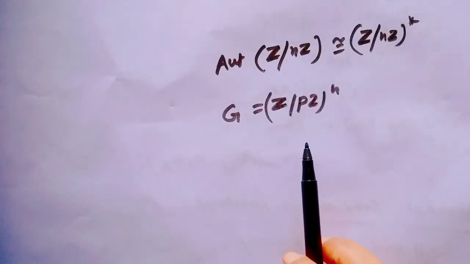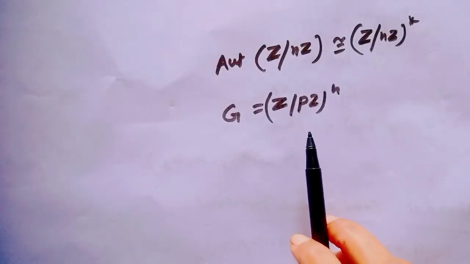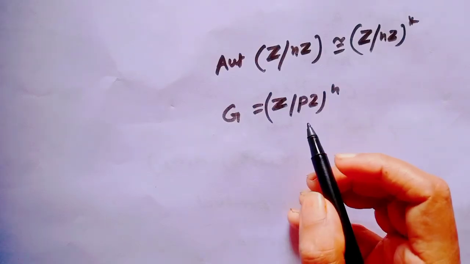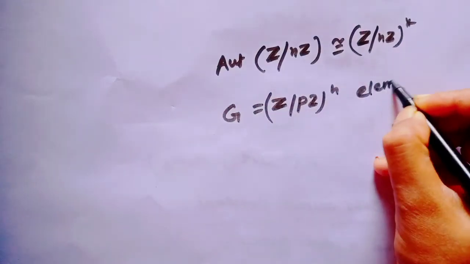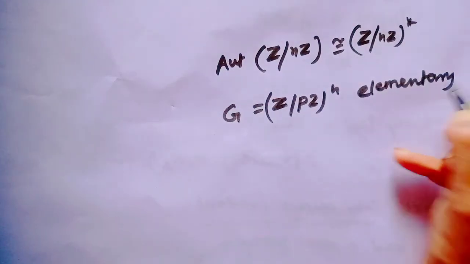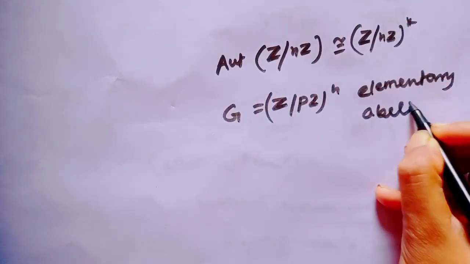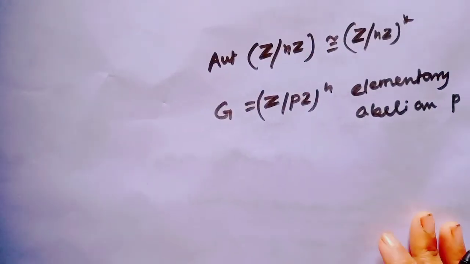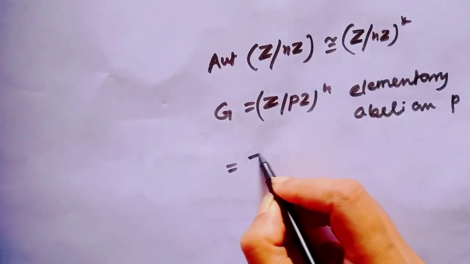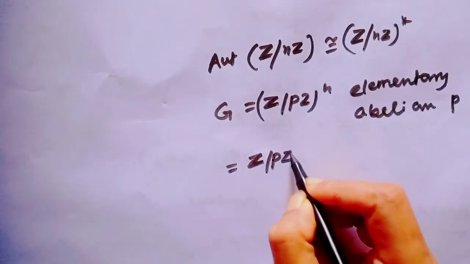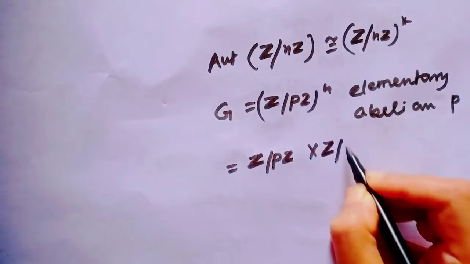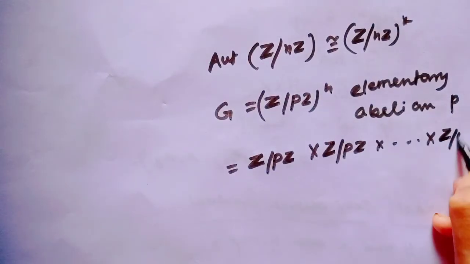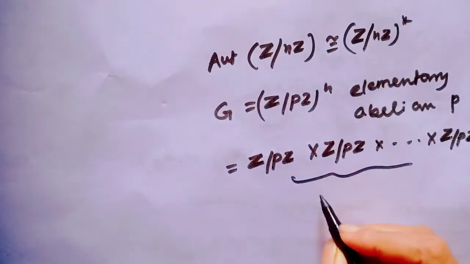Okay? Now I will see the group is Z mod Pz to the power n. And this is, we all of us know, an elementary abelian P group. Okay? Which is a bunch of copies of Z mod Pz, direct product Z mod Pz, up to Z mod Pz, n times.